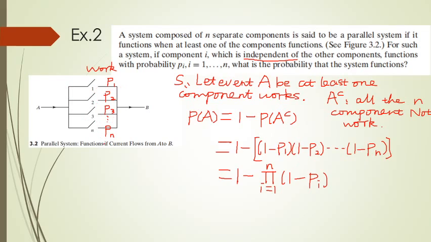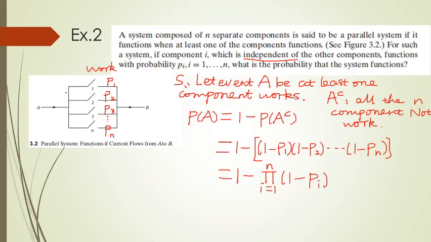So trying to understand the first example and the second one. The first one is a sequence of n independent trials. We will see this kind of example a lot in the future. And the parallel system, how to make the flow from A to B connected.